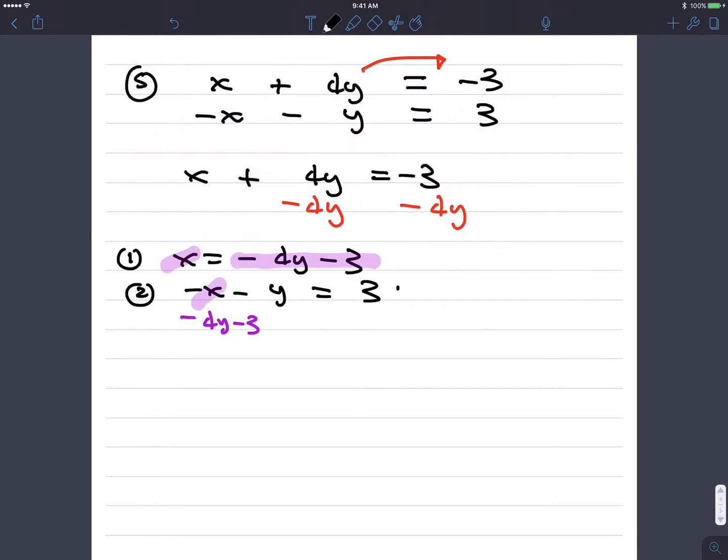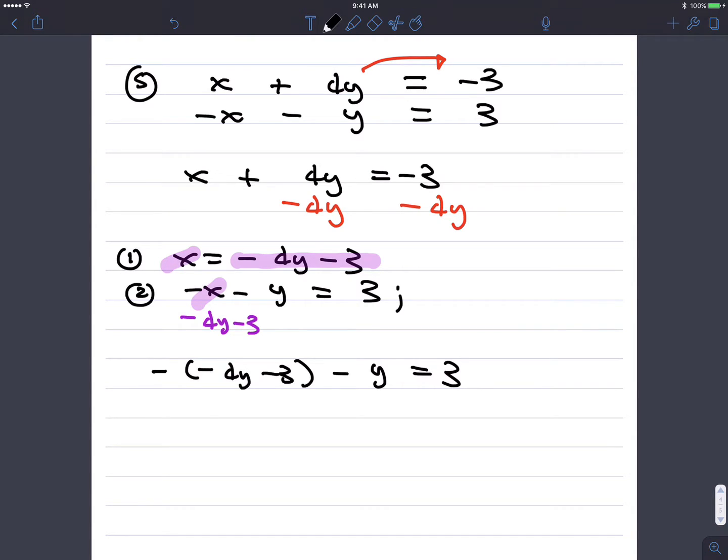What happens now is I have negative 4y minus 3. Let's write it down here. Negative 4y minus 3 minus y is positive 3. I replaced my x coordinate with negative 4y minus 3.